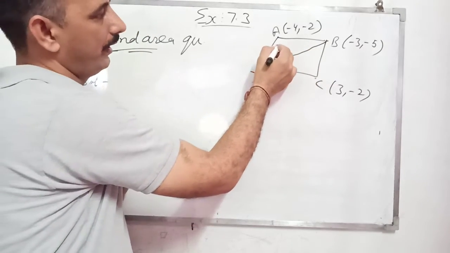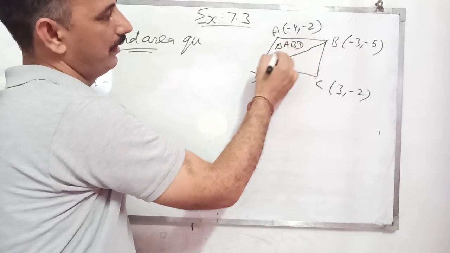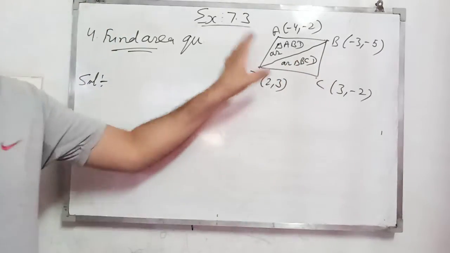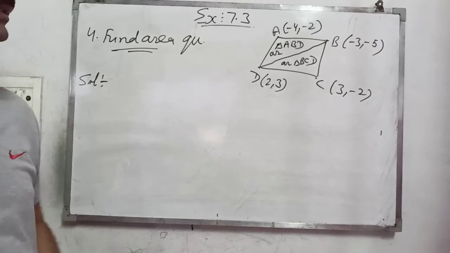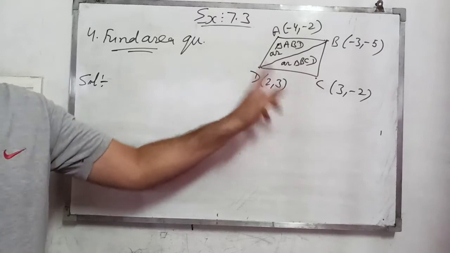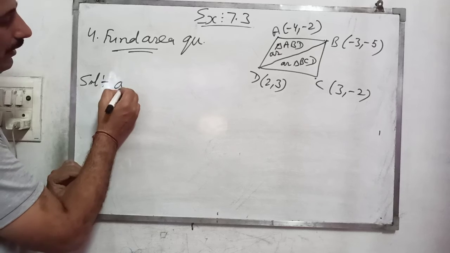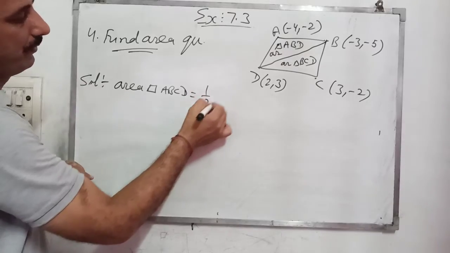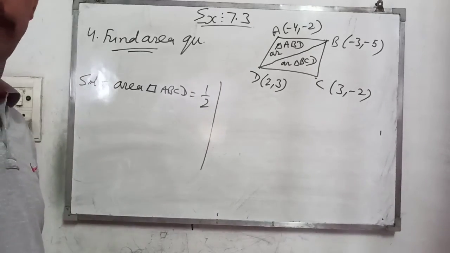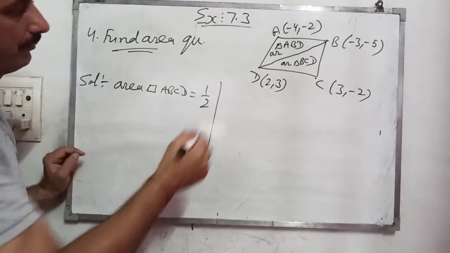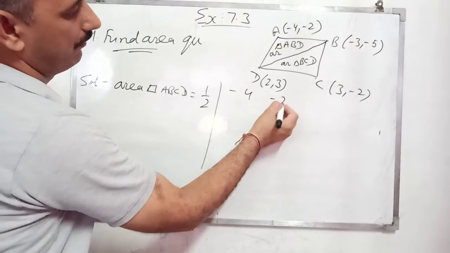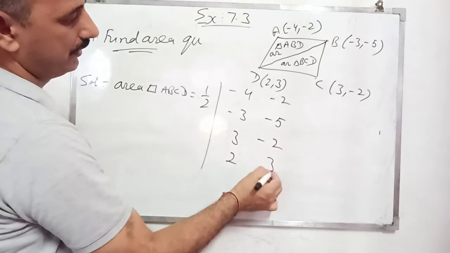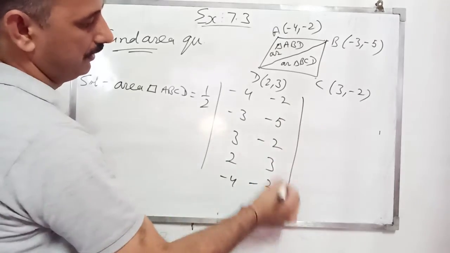We make the two triangles, find the area of triangle ABD and the area of triangle BCD, then sum these two areas and you get the area of the quadrilateral. The other way to find the area of quadrilateral ABCD is 1 upon 2 times the points (-4, -2), (-3, -5), (3, -2), (2, 3), and again (-4, -2), right?